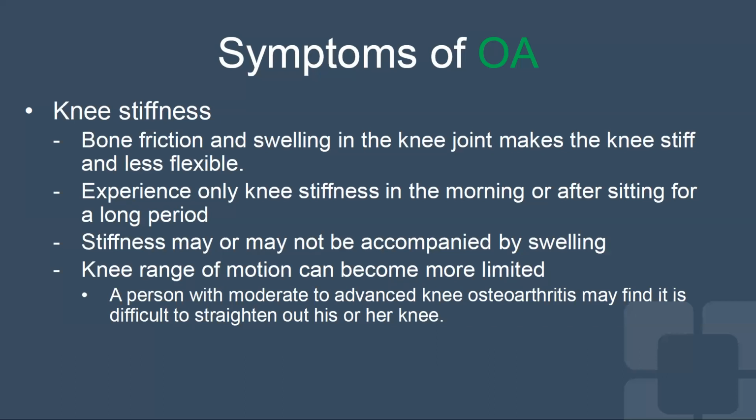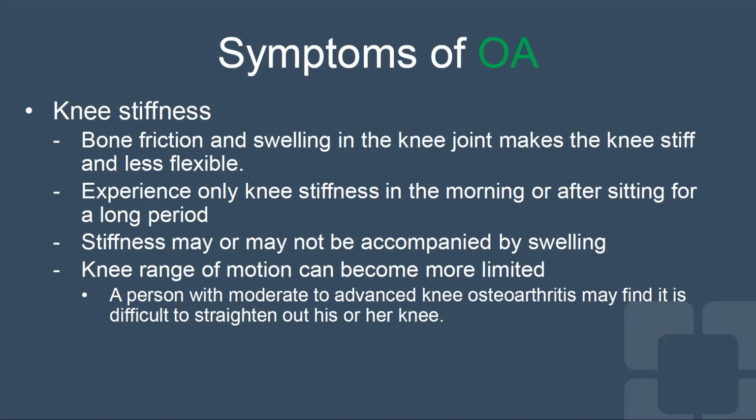Knee stiffness, so bone friction and swelling in the joint makes the knee stiff and less flexible. Experience only knee stiffness in the morning or after sitting for long periods of time, typically called the movie theater sign. Stiffness may or may not be accompanied by swelling, and then knee range of motion can become more limited.